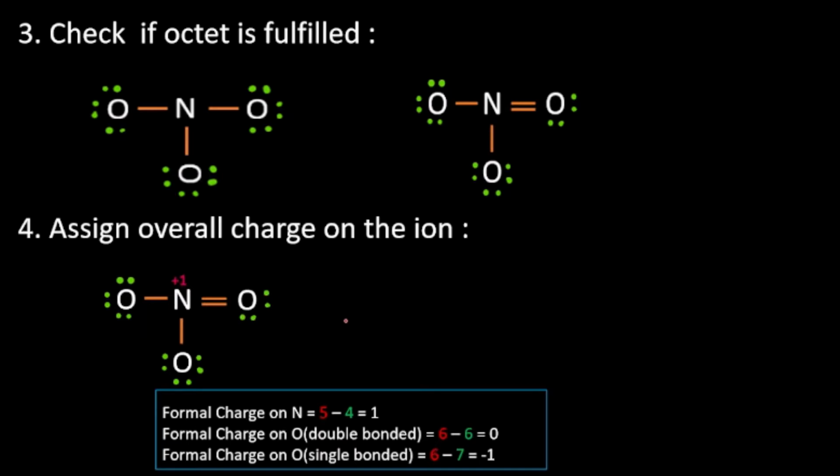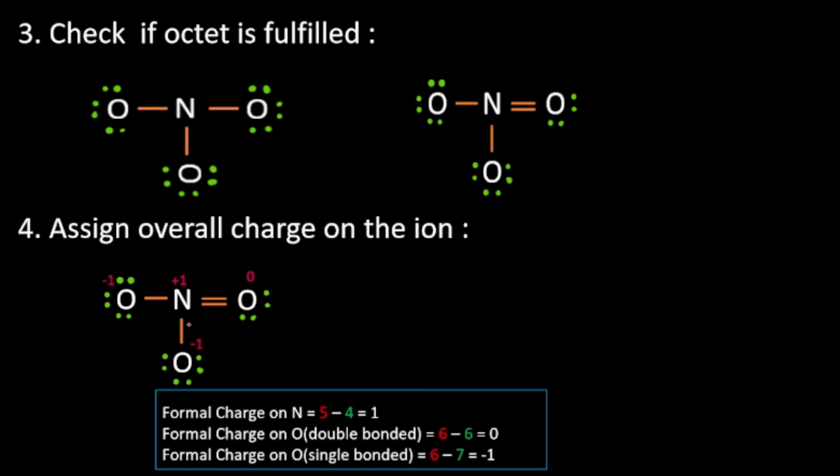So its formal charge is 6 minus 6, that is equal to 0. And for this single bonded oxygen, the number of electrons assigned is 1, 2, 3, 4, 5, 6, 7. So its formal charge will be 6 minus 7, that is equal to minus 1. And for this oxygen atom also minus 1, because its situation is similar to that of this oxygen atom.